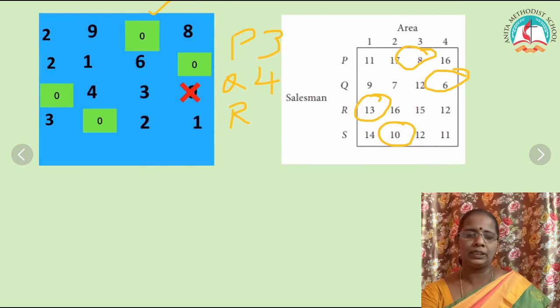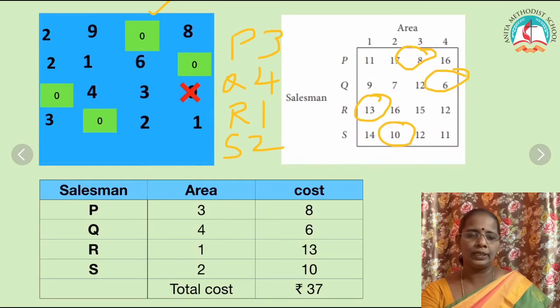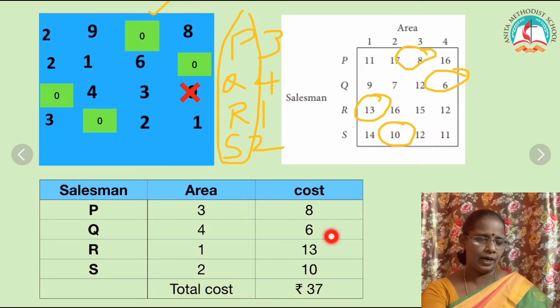For P it is 3, Q it is 4, R is 1, S is 2. Salesman P is assigned for 3, Q is assigned for 4, R is assigned for 1 and S is assigned for 2. And find out the cost. So what will you get if you add all the 4 numbers? 8 plus 6 plus 13 plus 10. If you add, you will get rupees 37.